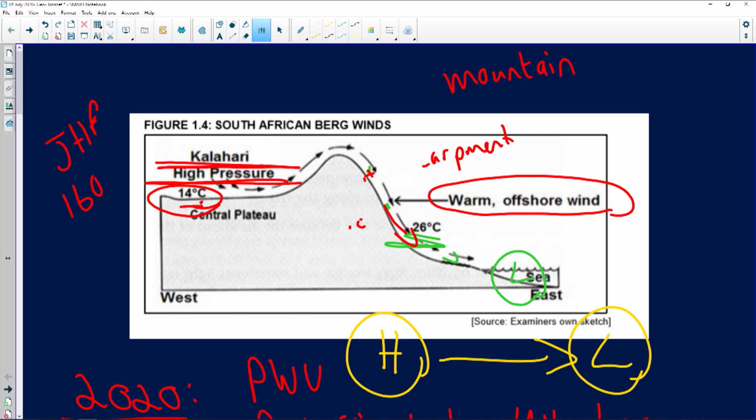Besides that, if you look at the temperature differences, 14 to 26 degrees, it makes it really uncomfortable for people living next to the coast. Extremely warm conditions, dry conditions. It can't be good for crops, especially for farmers. There's a risk of veld fires destroying the crops. So nothing about these berg winds is an advantage for communities or farm people.